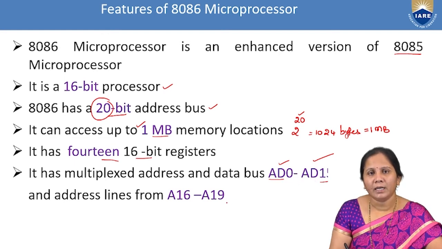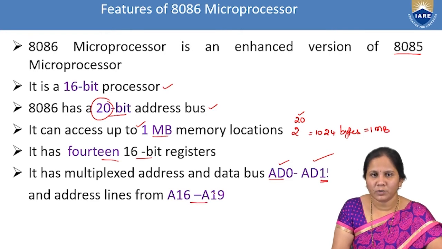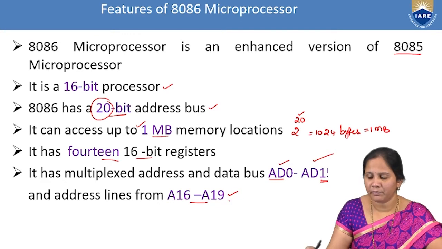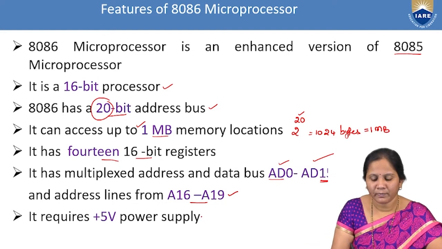But the address bus width is 20 bits, so the remaining address lines after 15, which are not multiplexed with the data lines, are individual. They are A16 to A19, and they are not multiplexed with data signals.